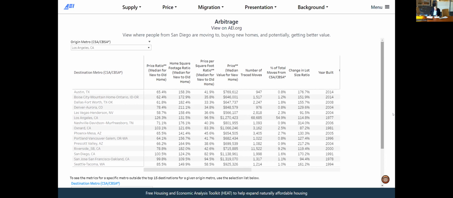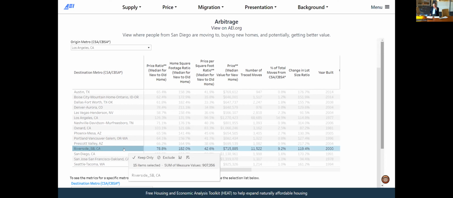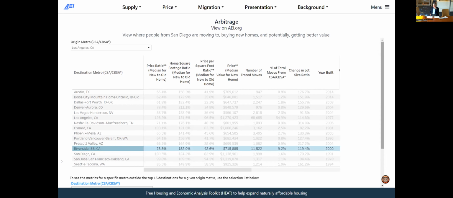The next big county is Riverside, which is right next to LA, but much less expensive. The people moving to Riverside bought a house for 78 cents on the dollar, but they got 182%, or 82% more space. So they ended up on a per square foot basis paying 43 cents on the dollar. That's what we call the arbitrage opportunity.